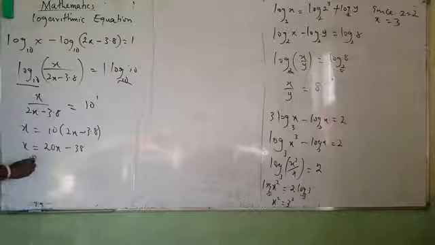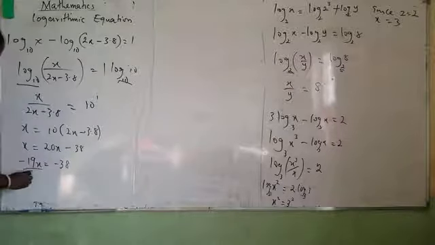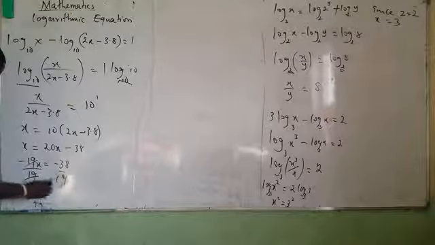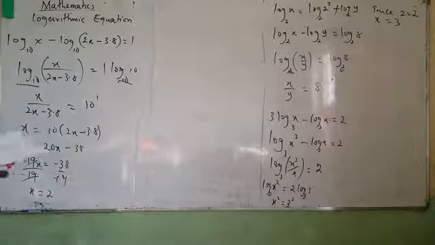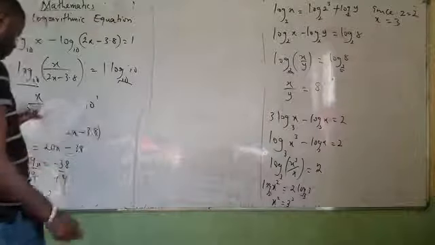Minus 19x equals to minus 38. If I multiply by 19, this will cancel. My minus will be there. x equals to 2. x equals to 2.